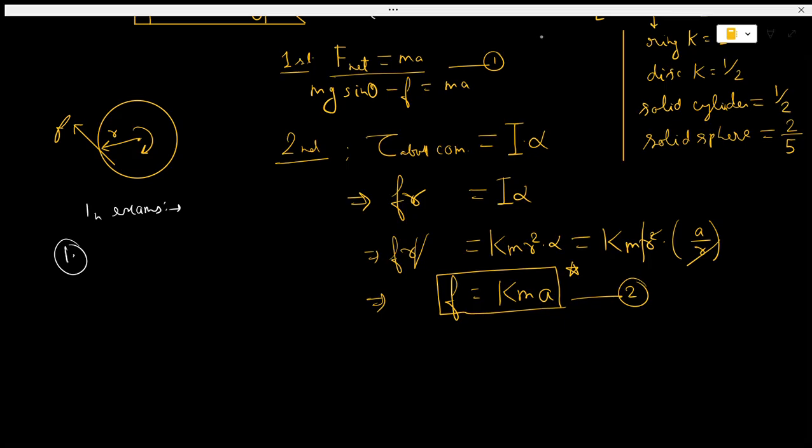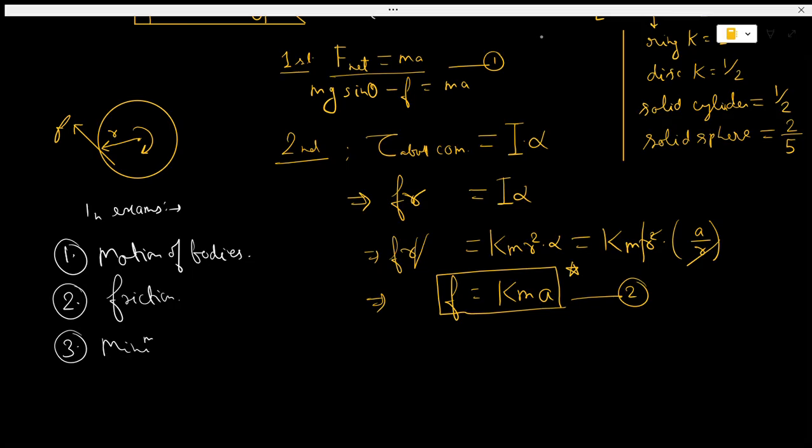So you will be asked about the motion of bodies, in which the question can ask you to find acceleration or velocities. And the second case, you will be asked friction. And the third case, very important, is the minimum coefficient of friction to be pure rolling.